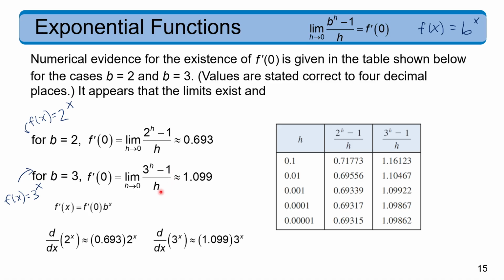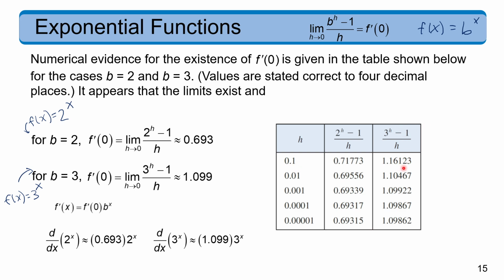So it now looks like this. Again, our methods don't work for evaluating this limit, so we'll just use the table. We choose h's that are progressively getting closer to 0, and then for each one of those h's we calculate this expression. So just like before, take your h, plug it in here, calculate an output.